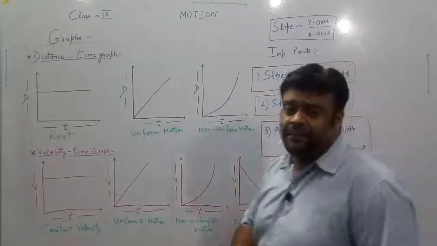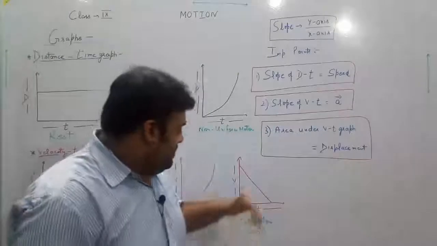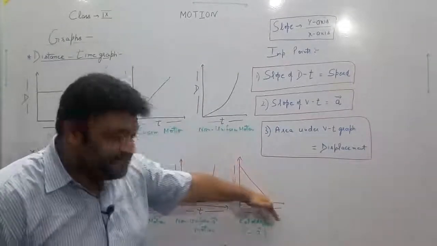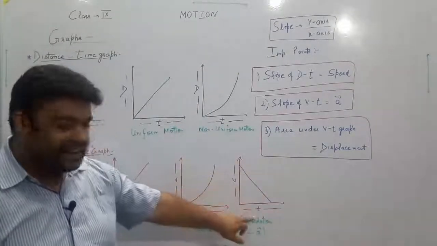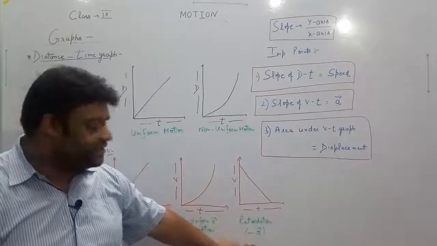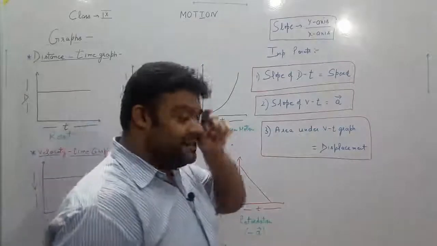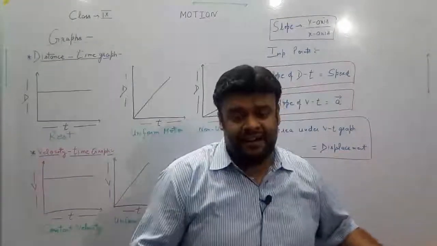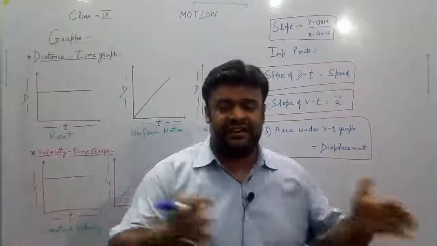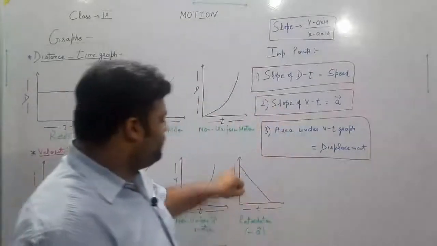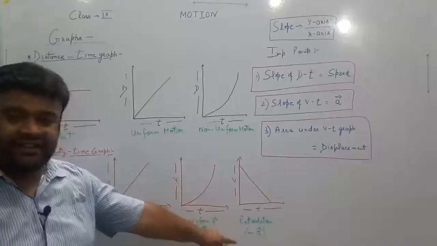And if a straight inclined line is represented between V and T, it shows the graph for retardation or negative acceleration. That is, in numericals also we have done these conditions, where brakes are applied, the object is at some velocity and it comes to rest. This type of graph represents retardation.